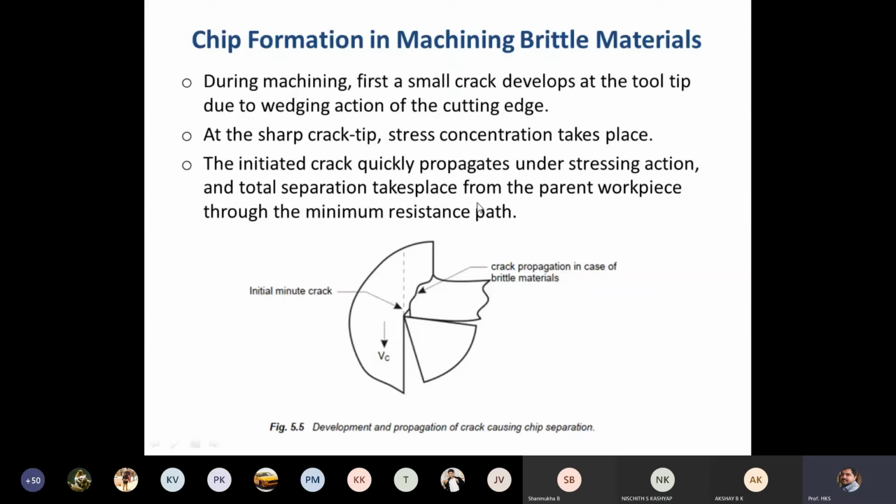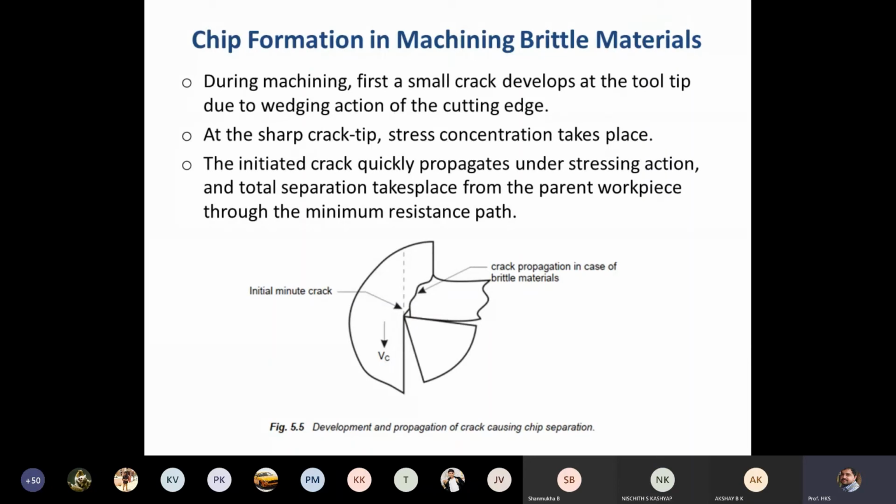This is the last topic which I am going to cover in this session: chip formation in machining brittle materials. In the previous session we discussed ductile and brittle materials, and we also considered examples. Which are the examples for brittle materials? Cast iron.